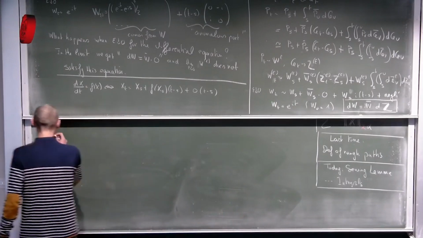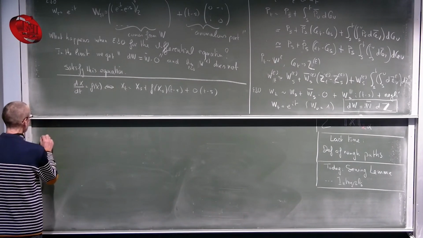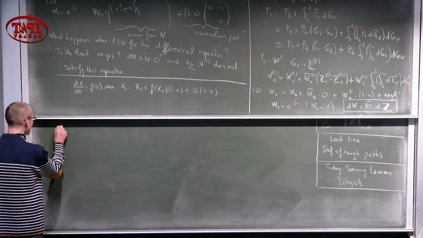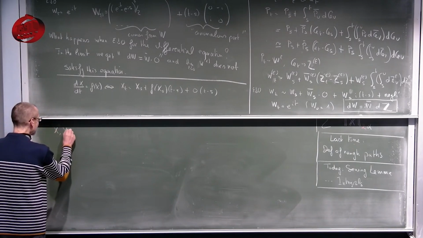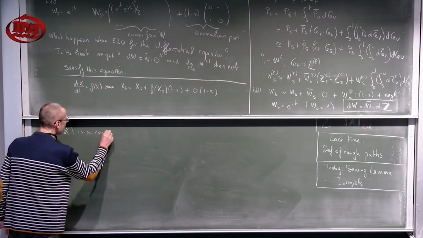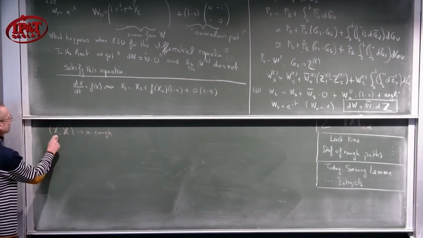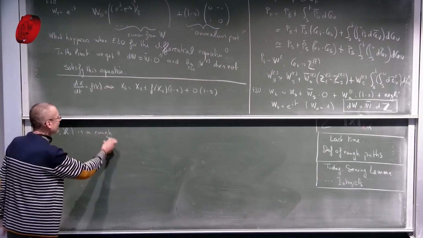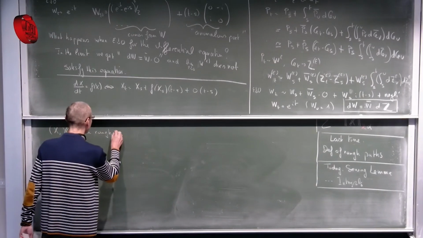So imagine that x is a rough path, and because I write only two components, it means a two-component rough path with an appropriate exponent.